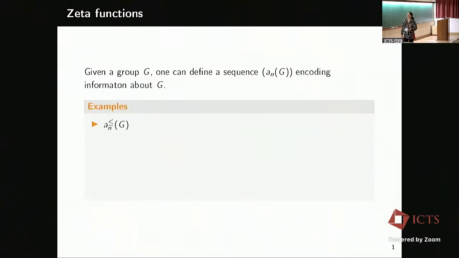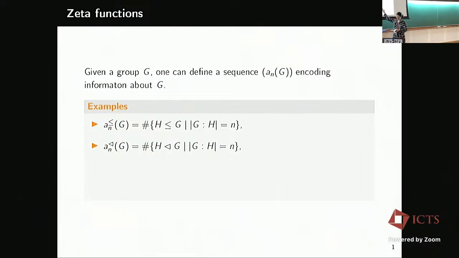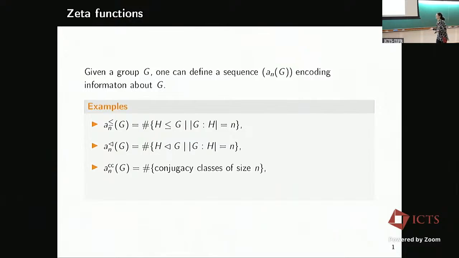The classical ones: you might want to count subgroups of a fixed index, maybe normal subgroups of a fixed index n, or conjugacy classes grouped by size, or irreducible complex representations up to isomorphism.